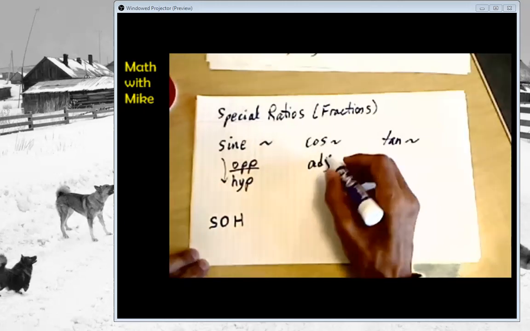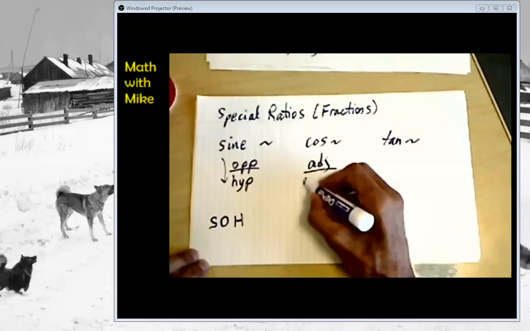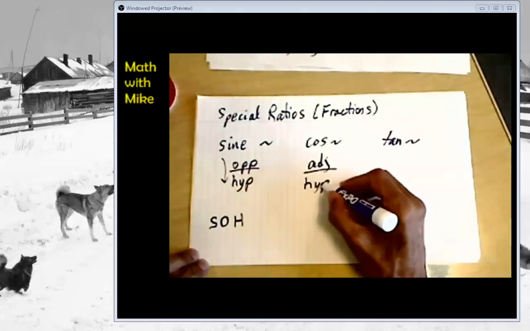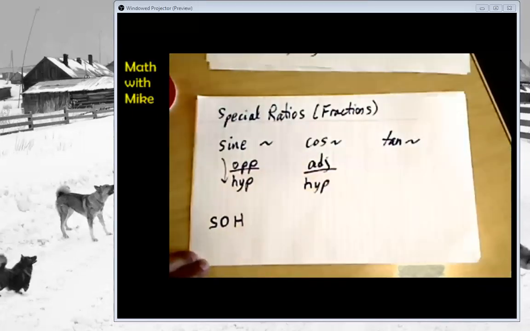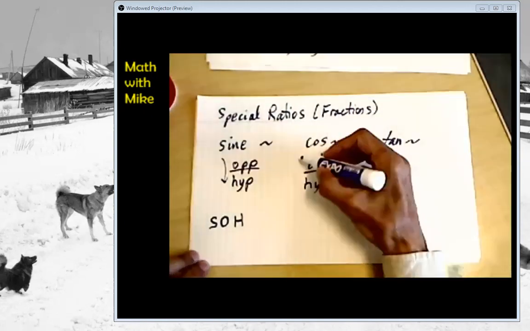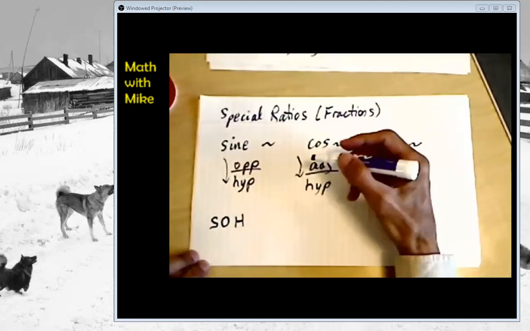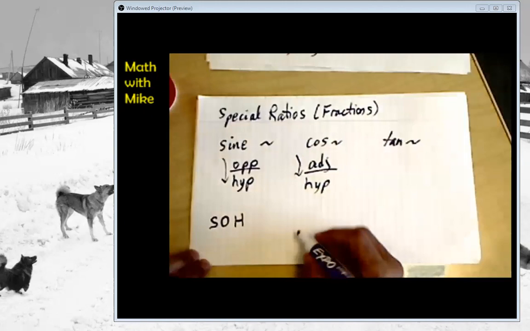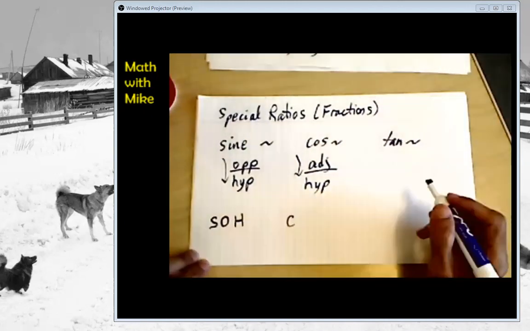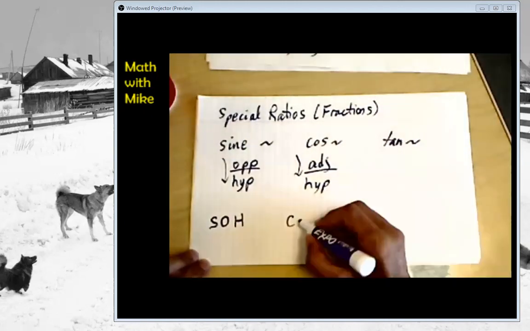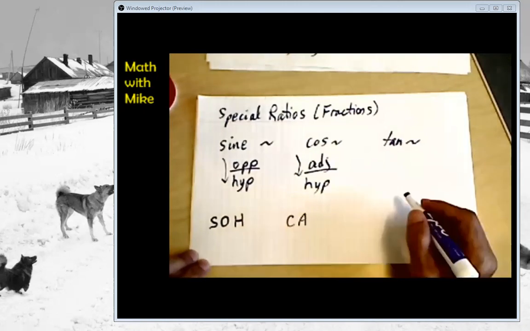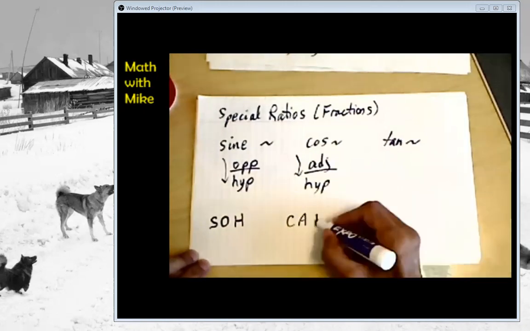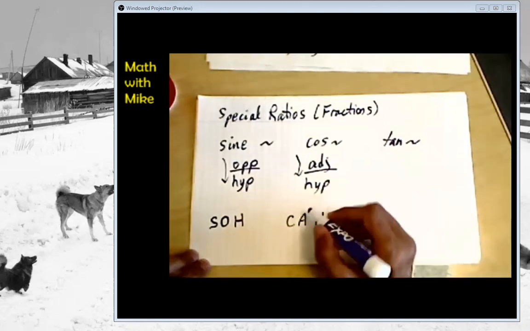It is adjacent, and it's divided by the hypotenuse. And so what's the little trick for remembering this? Same. C for cosine. A for adjacent. H for hypotenuse.